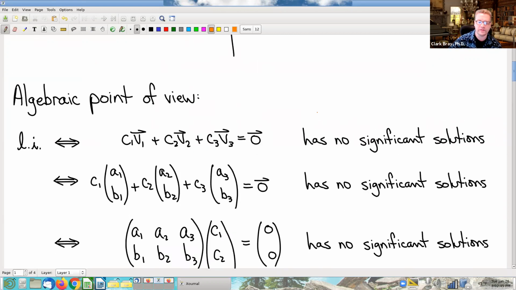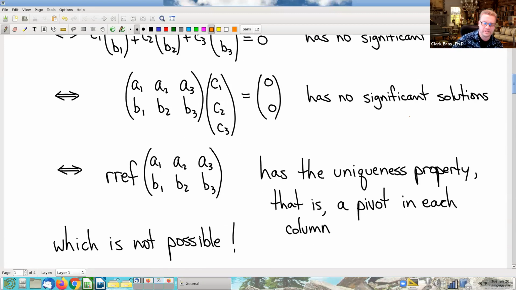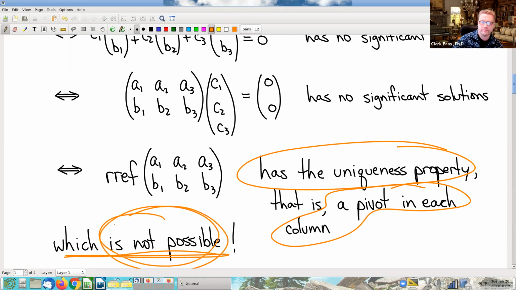So the question, as we wrote this about independence: independence would mean that the only solution is the trivial solution, so no significant solutions. And we can see this is not possible, right? So having the uniqueness property, having a pivot in each column, not going to happen. We only have 2 pivots. We have 3 columns.